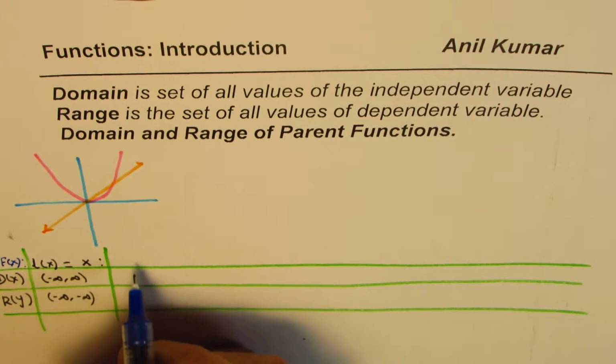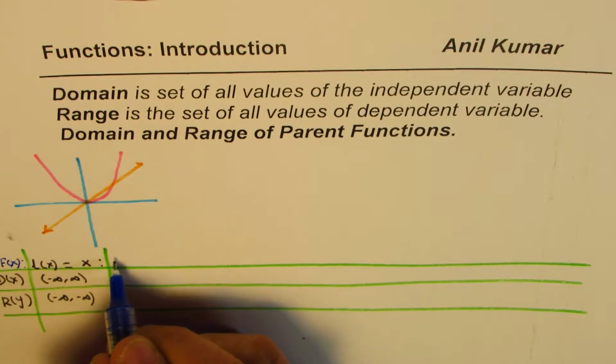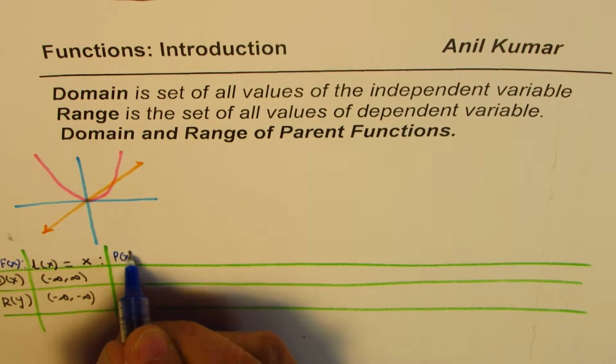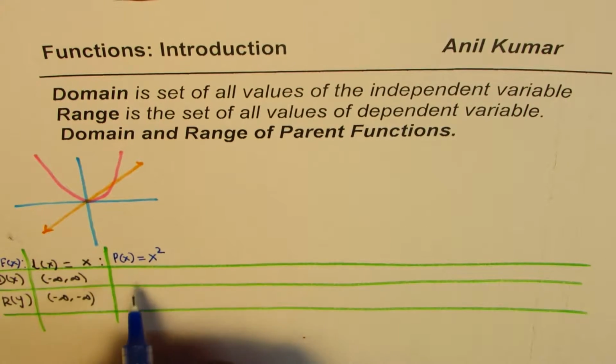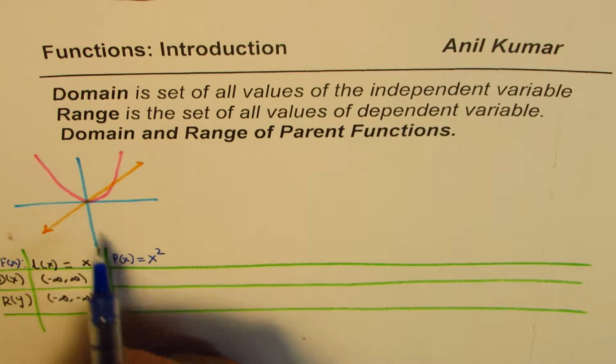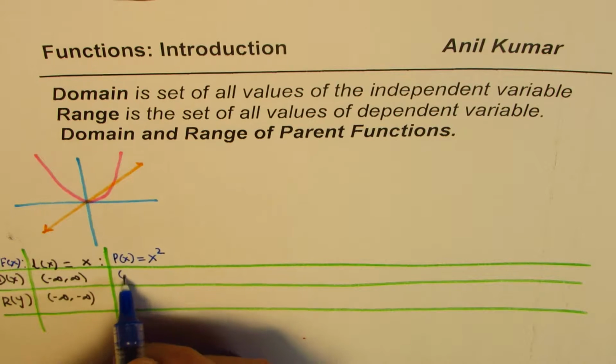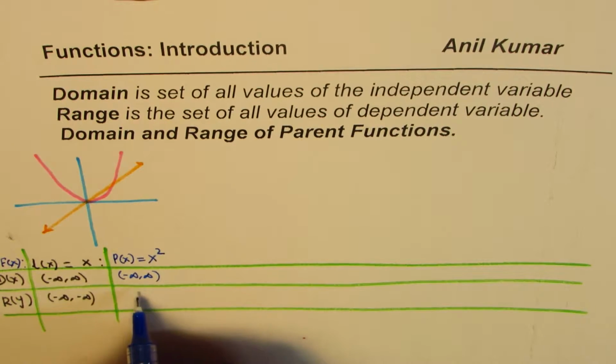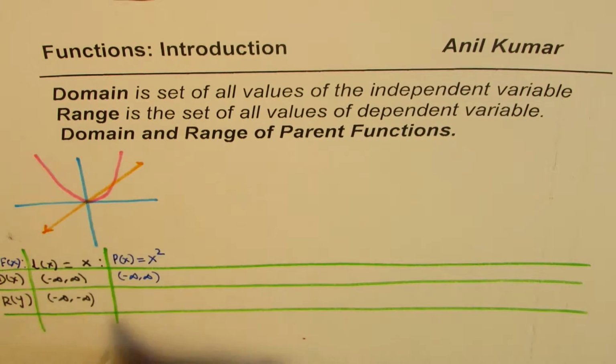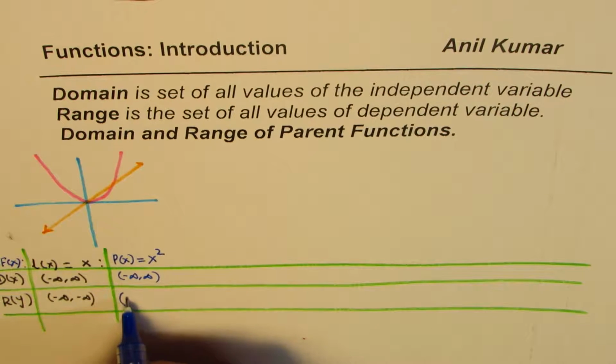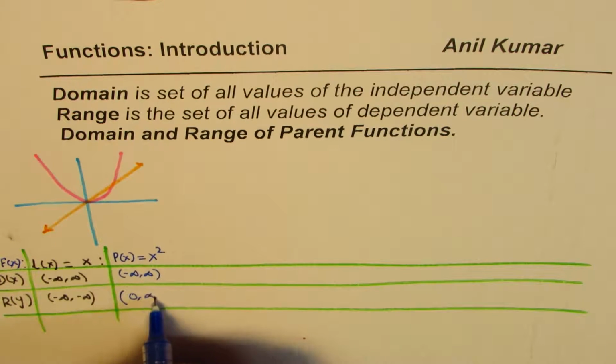I'm just defining the functions. We'll write this as a parabola, P of x equals x squared. Now in this particular case, you can see the domain has no restriction. It is from minus infinity to plus infinity. However, the range has a restriction, and it is from 0 to infinity.